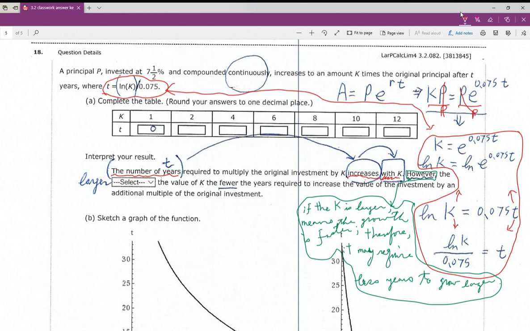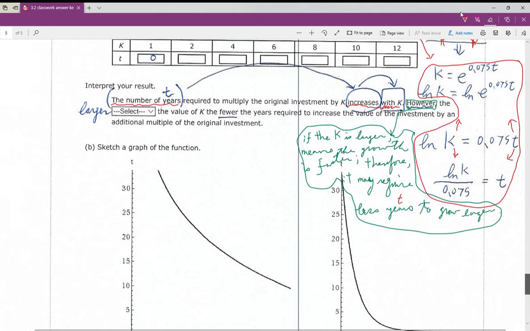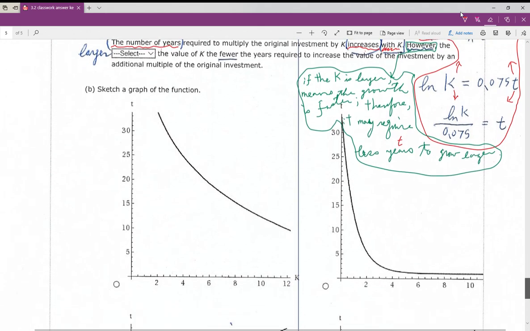When it grows faster, it may require fewer years to grow larger. So that's what it means. You can spend time to think about the meaning. And if you still have questions, I will explain in more detail during class time.